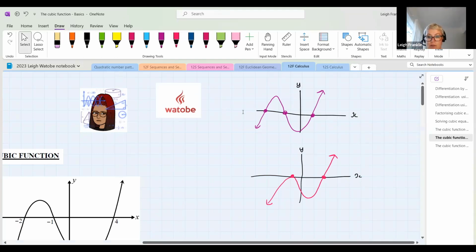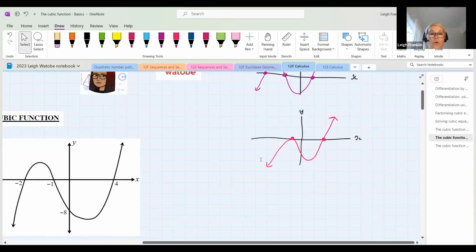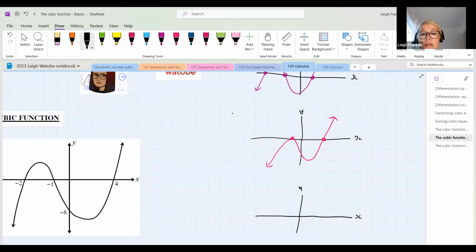That's the second situation. Or we can have a situation like this, where it's rather unusual for them to ask us to find the equation of ones like these, but theoretically they could. We could have a situation where the turning point is below the x-axis. So let's say your graph does something like that, and then you only have one root.